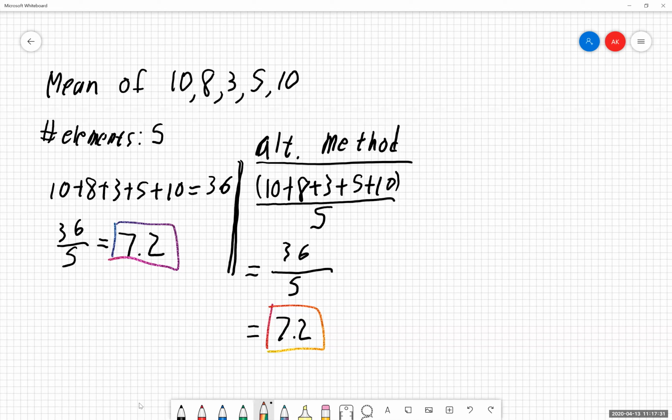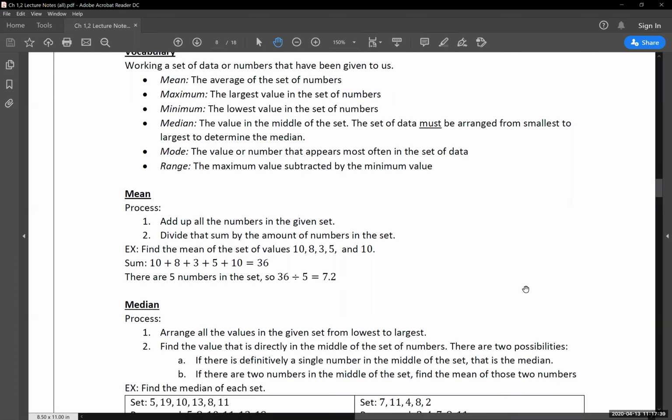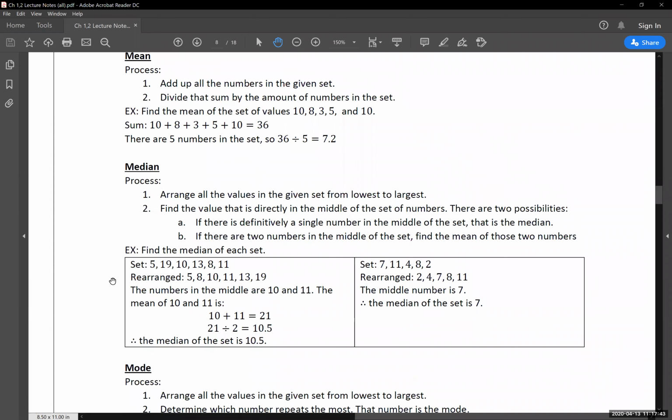So we're going to jump back to our notes and move on to taking a look at the median here. The median is the pickiest of all of these, and I think it has the most work that goes into it in that regard. So for the median, our process, and this is one that you absolutely must do, this step.